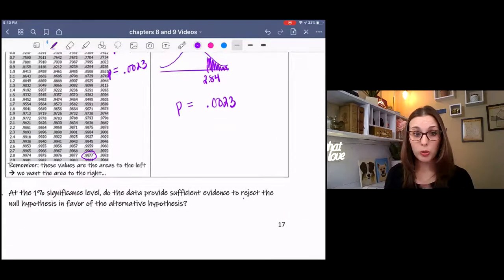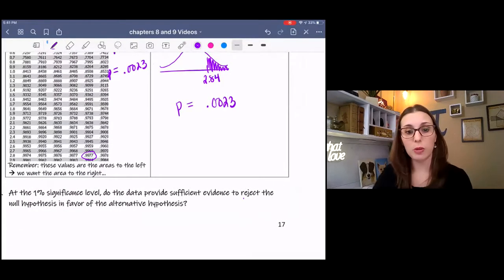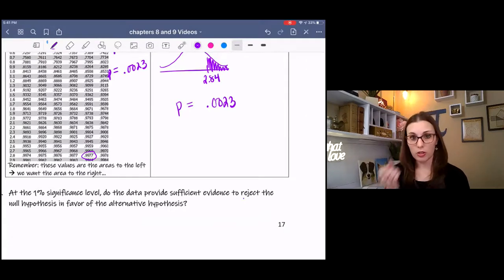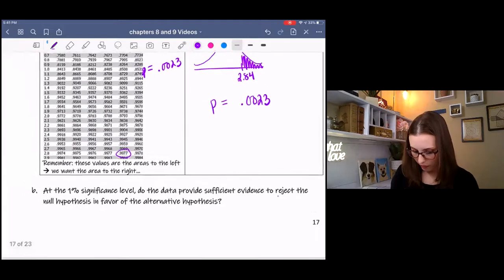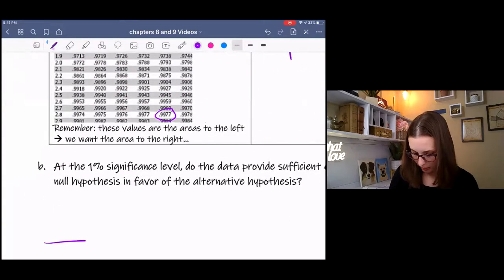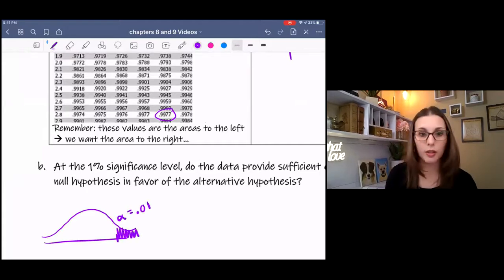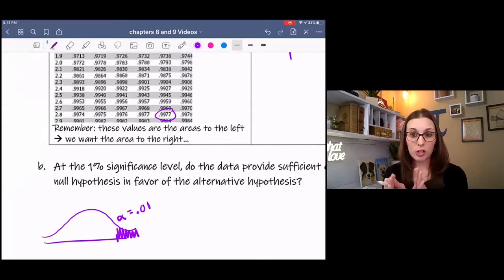So in the next part of the question: at the 1% significance level, do the data provide sufficient evidence to reject the null hypothesis in favor of the alternative? What we're looking at here is an area. If you remember the picture of the rejection and non-rejection zones, this is a right-tailed test, and I'm going to call this alpha equals 0.01. So that piece that I shaded in on the right side represents an area of 1% or 0.01.